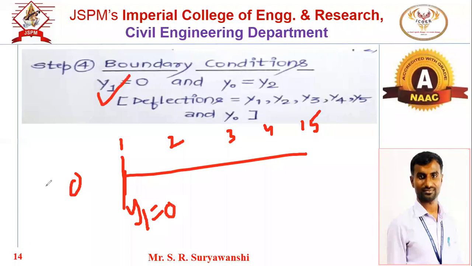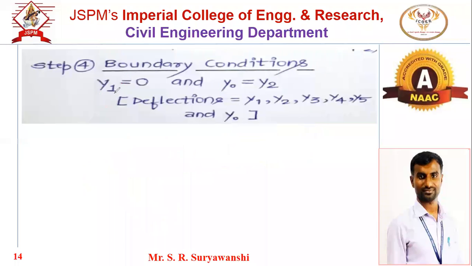And if you see the symmetry of this deflected shape about the fixed end, the deflection at the zero node is equal to the deflection at the second node. So we can say y0 is equal to y2. These are the two boundary conditions we are having: y1 is equal to 0, and y0 is equal to y2 due to the symmetry about the fixed end.